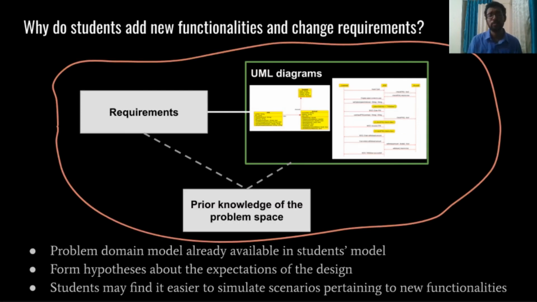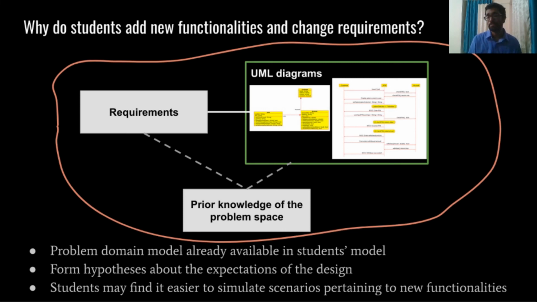Then why do students add new functionalities? We believe this is due to the prior knowledge of the problem space in students' minds. The ATM system is a familiar problem to them, and the problem domain model is already available in the student's mental model. And hence they form hypotheses about their expectations of the design based on their experiences.